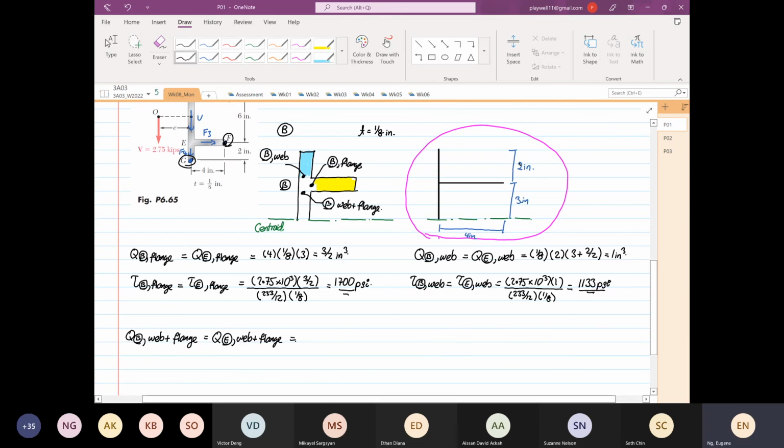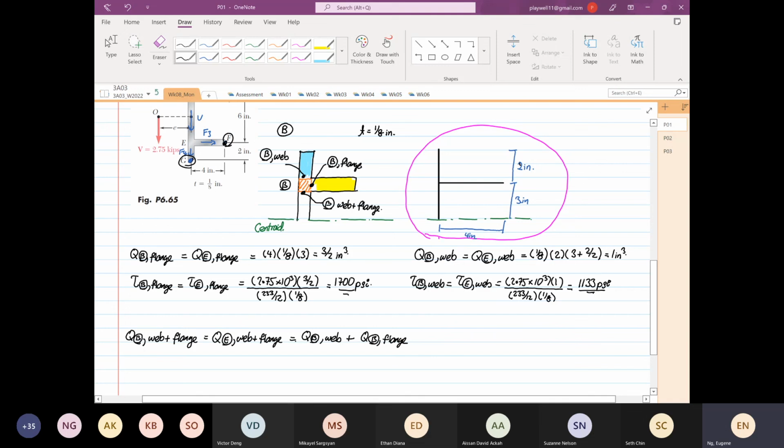So if you look at the diagram on the left, where I highlight the area, if this was thick wall, you have to consider this area. You get what I mean? But because it's thin wall analysis, all we need to do is this. All we need to take is Q at point B for the web plus Q at point B of the flange.